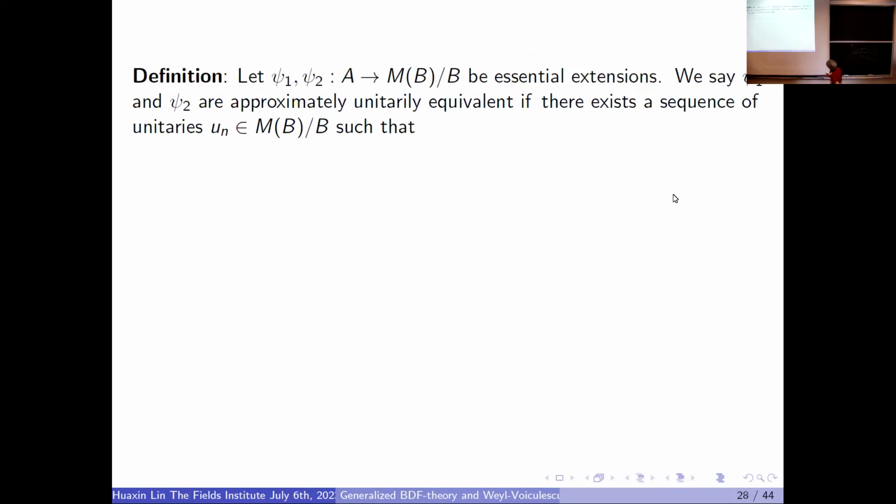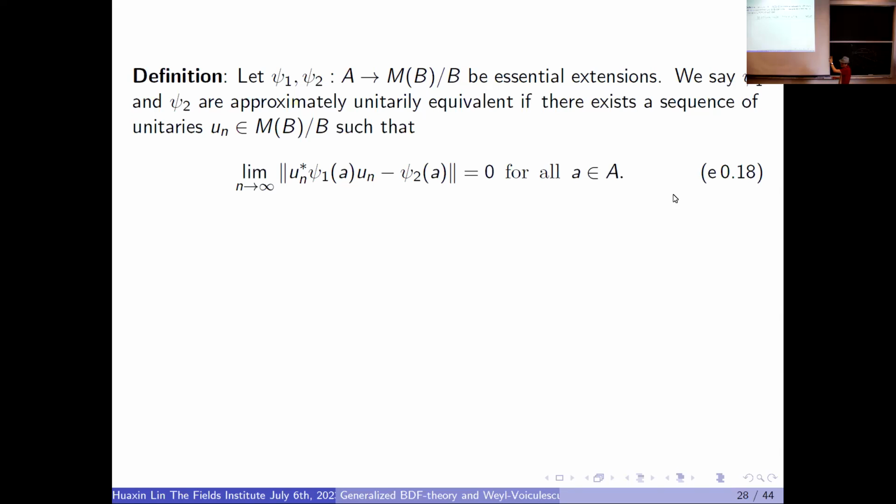Okay, so now let's look at a weaker equivalence condition. Say you have two essential extensions. We say they are approximately unitarily equivalent if there exists a sequence of unitaries such that this holds, without saying anything about the other difference.